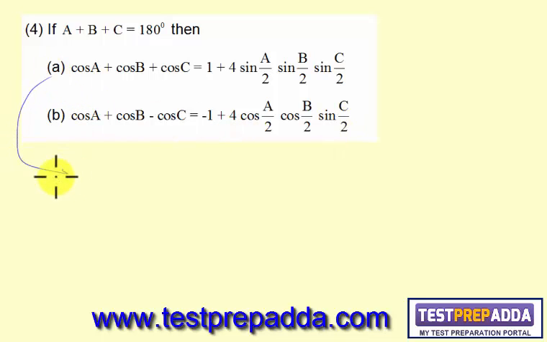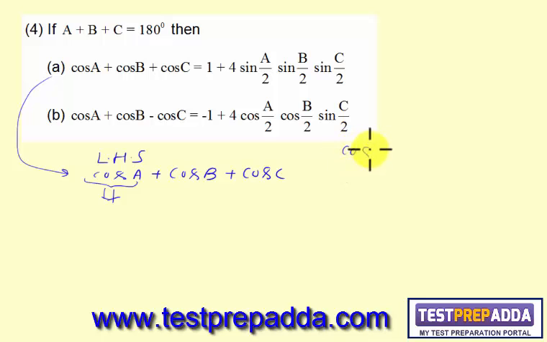I'll take this first here. LHS: it is given cos A plus cos B plus cos C. As I want 1 on the right-hand side, plus 1, I will open this cos A. Recall, cos A I can write as 1 minus 2 sin square A by 2 as well as 2 cos square A by 2 minus 1.